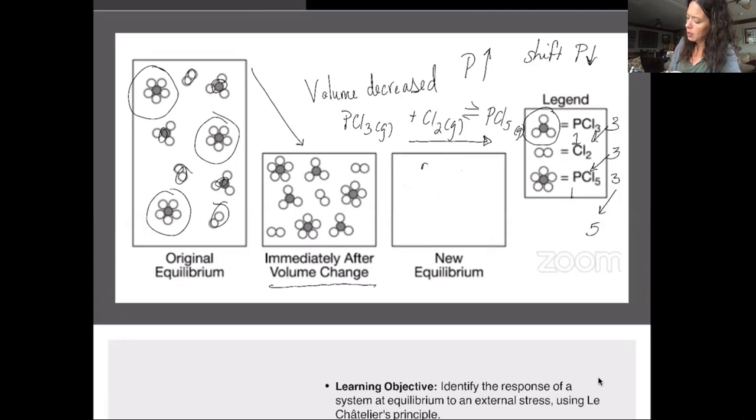So like I said, watch your stoichiometry. He'll gain 2, so he'll lose 2 and he'll lose 2. So that would give us a total of 1 PCl3, 1 Cl2, and 5 PCl5s.